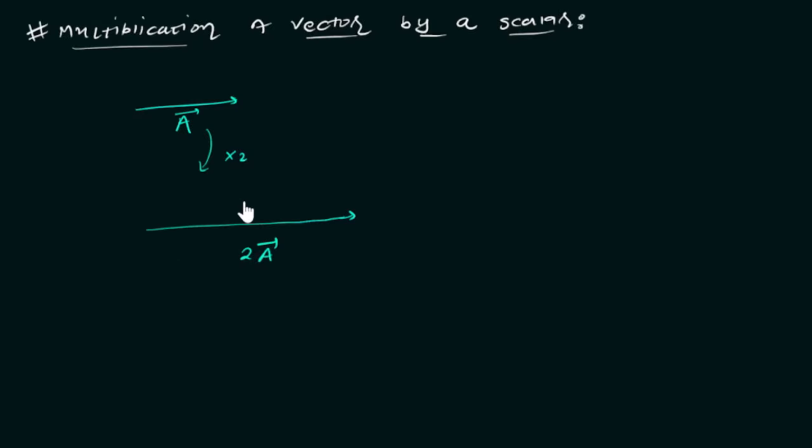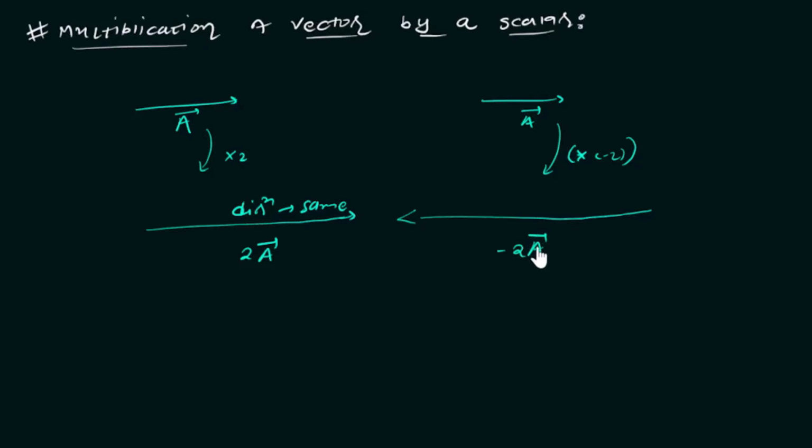The direction will remain the same. Consider another vector A. If it is multiplied by -2, the length of this vector will be doubled, but in the opposite direction. So basically in the multiplication of a vector by a scalar, the length will be scaled, and if the scalar is positive, the direction will remain the same. If it is negative, the direction will be inverted.